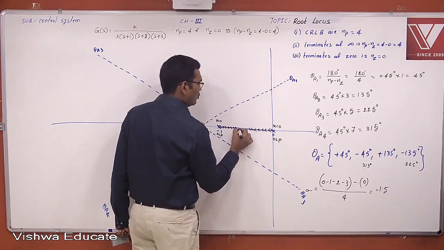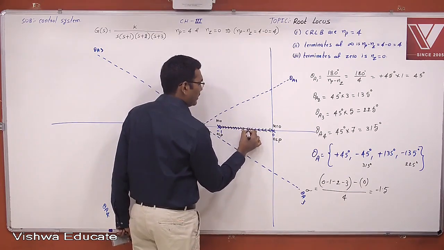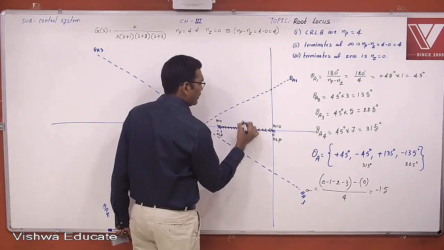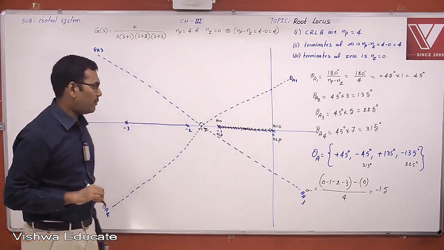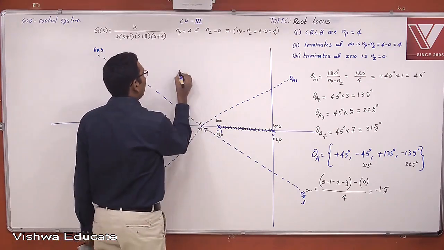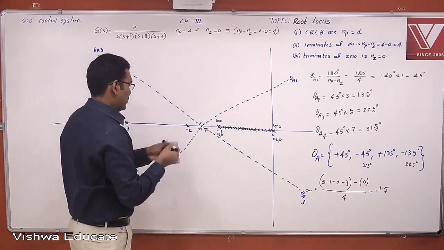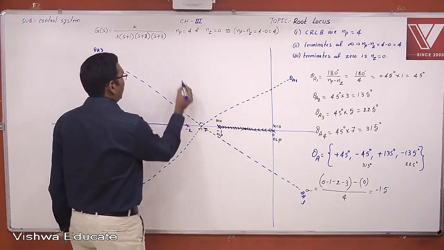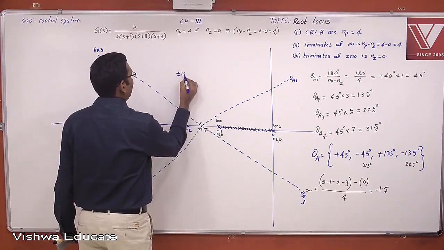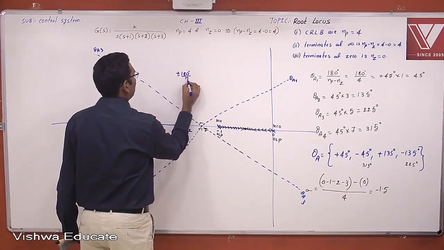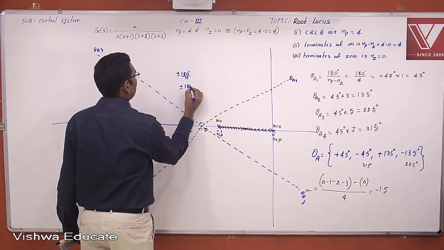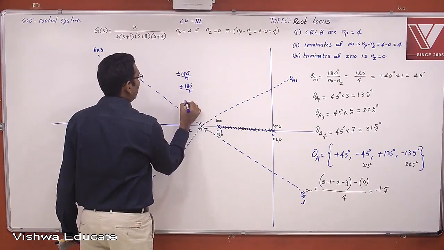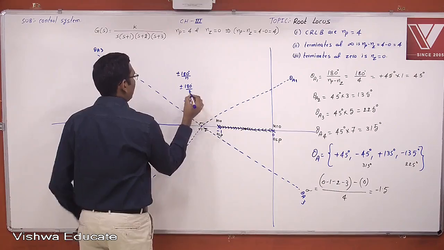These two closed loop poles meet at a particular point. That point is called the breakaway point, and the branches leave with an angle of plus or minus 180 degrees by n, which is equal to plus or minus 180 degrees by 2, so plus or minus 90 degrees.